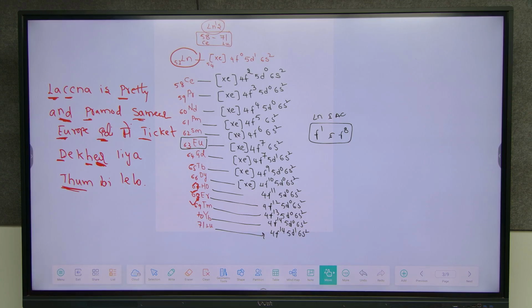See, once after completing the session, you take any PYQ questions of F block elements. You can easily solve. Okay, once you can try after this session.